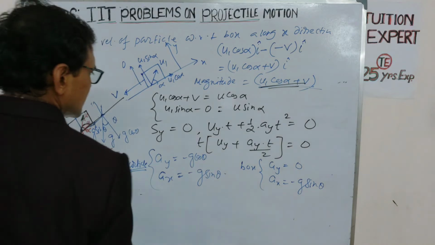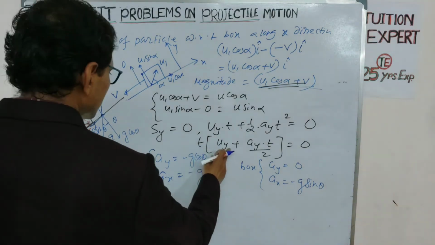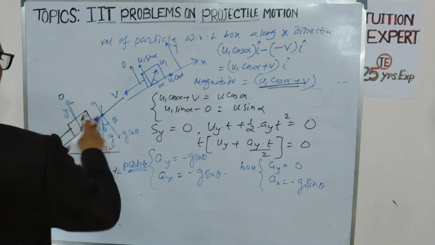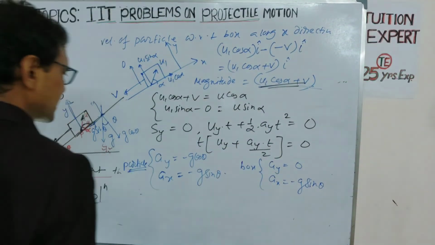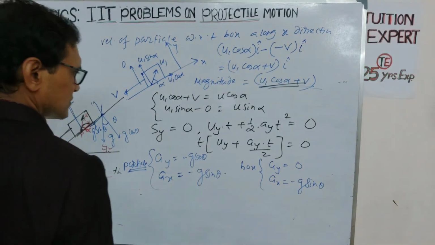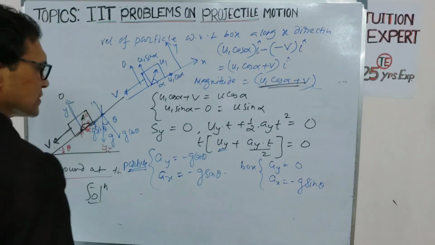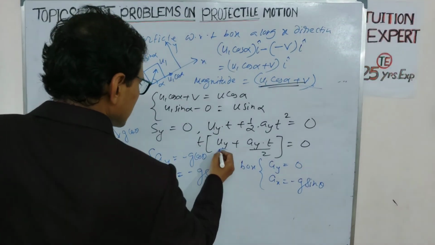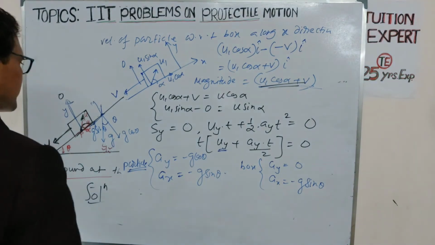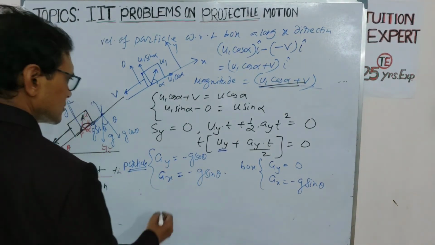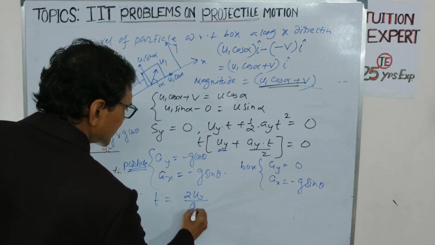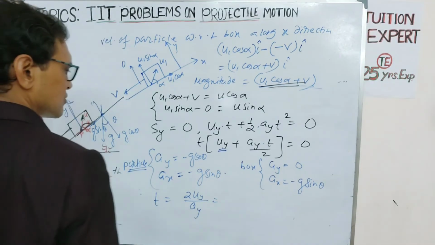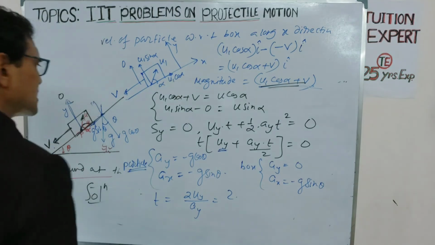Now here we have to consider the particle with respect to box. From this we get the velocity of the particle along y direction. So what is uy?